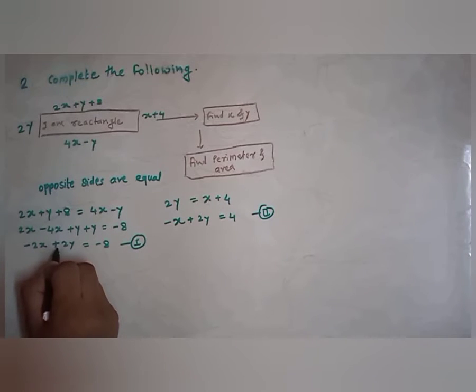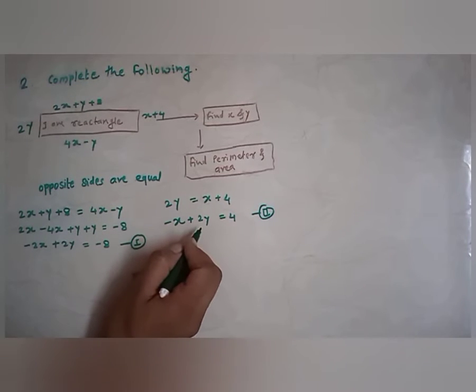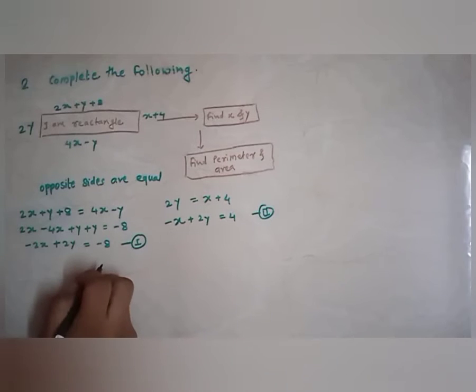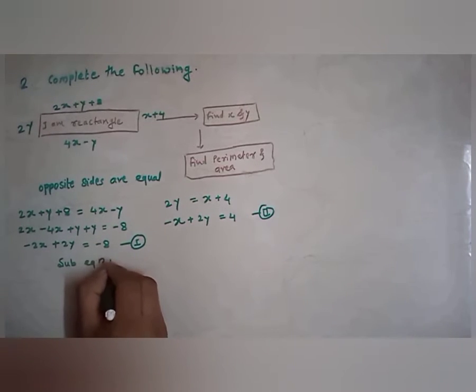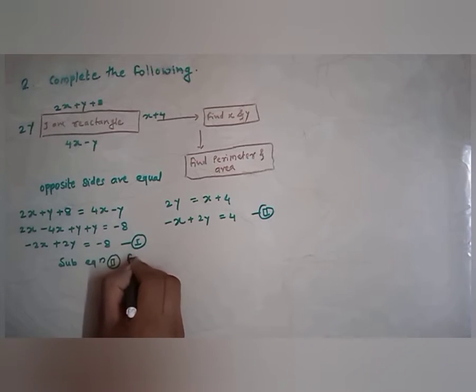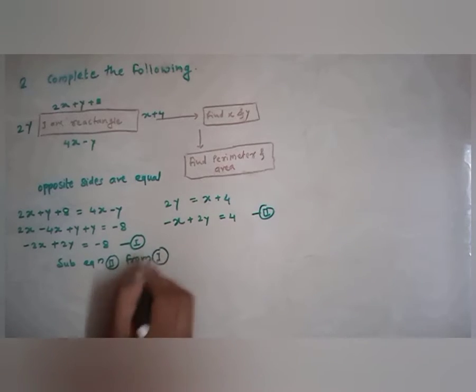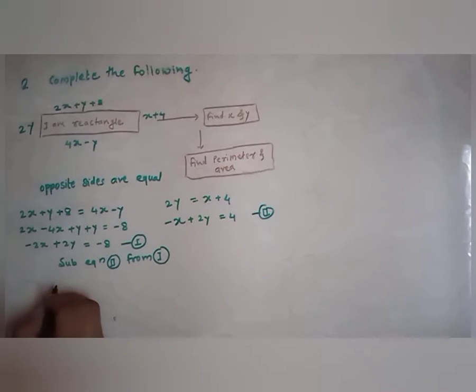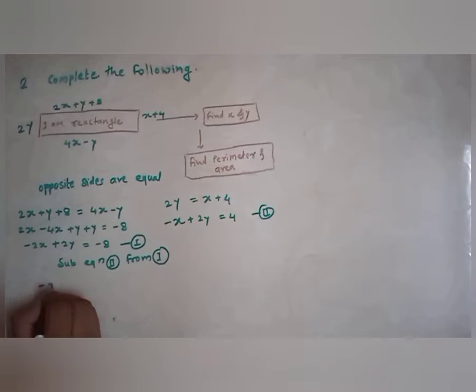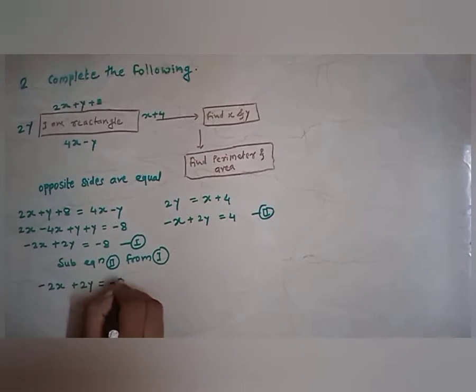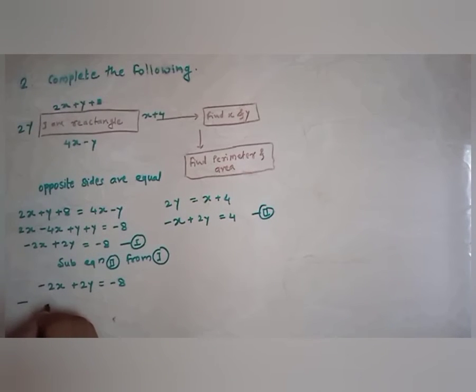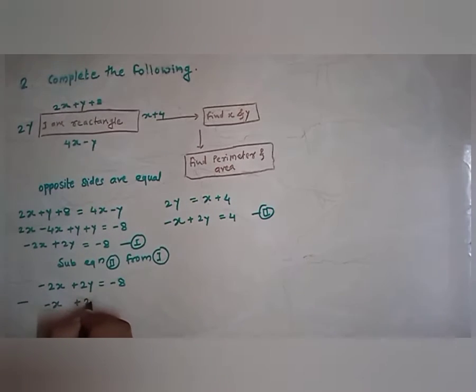So now we have to subtract equation first or second, because both have positive signs. So subtract equation second from first. Write down the equations: minus 2x plus 2y equals minus 8, and second is minus x plus 2y is equal to 4.